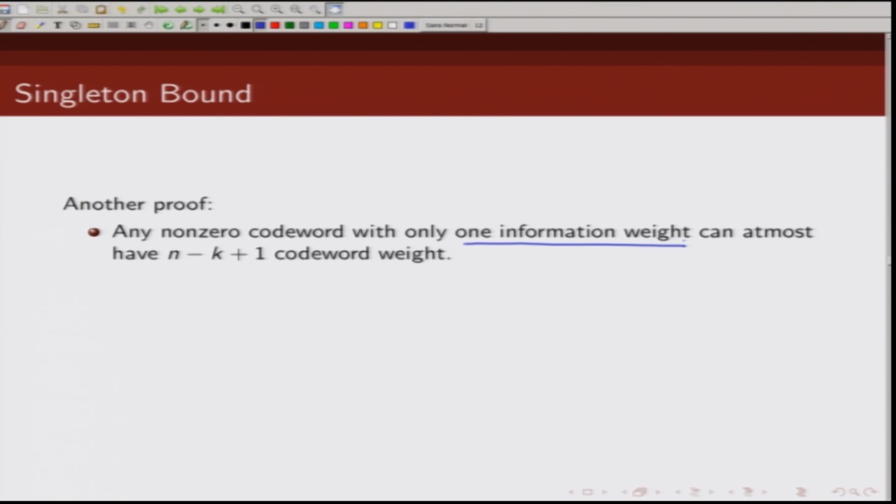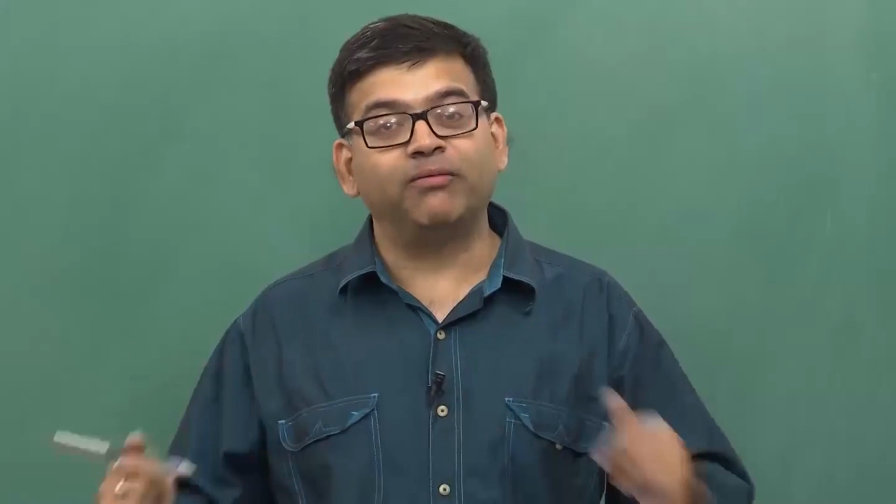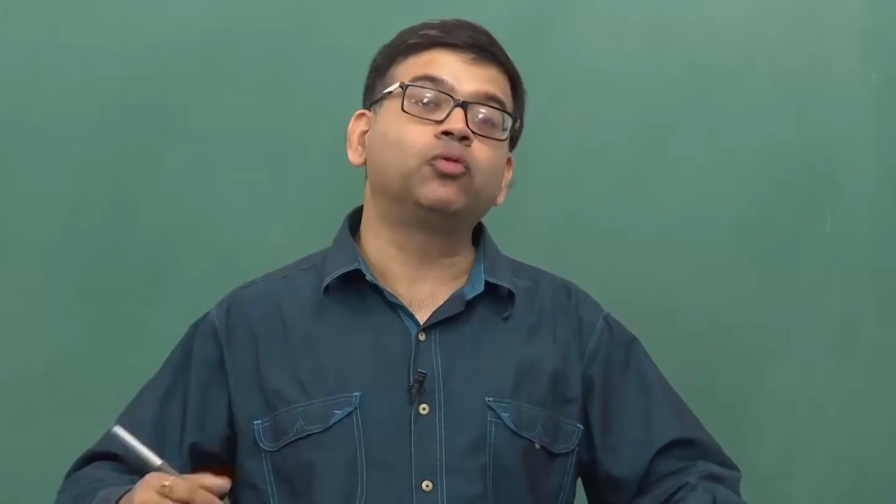Now, if we consider the minimum non-zero information sequence, which is of weight 1, how many parity bits do we have? n minus k. Now, let us assume all n minus k of these parity bits are 1. Then what is the maximum possible minimum distance? That is n minus k plus 1, which is the weight of the codeword.